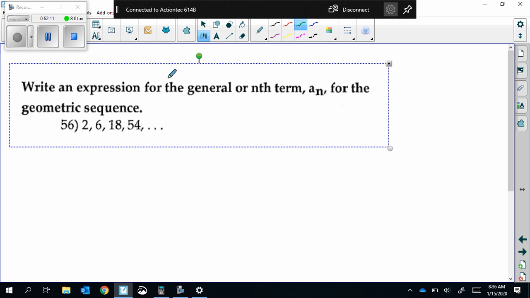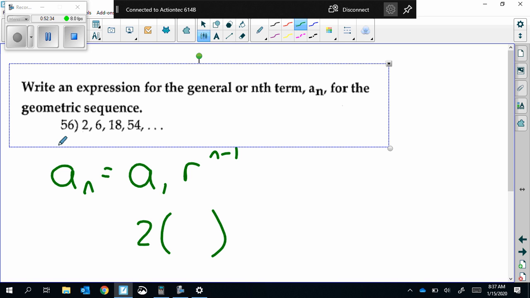General expression for the geometric sequence. This is your formula. I'll write it on the board or I'll give it to you for the test. A1 is 2. That's easy.